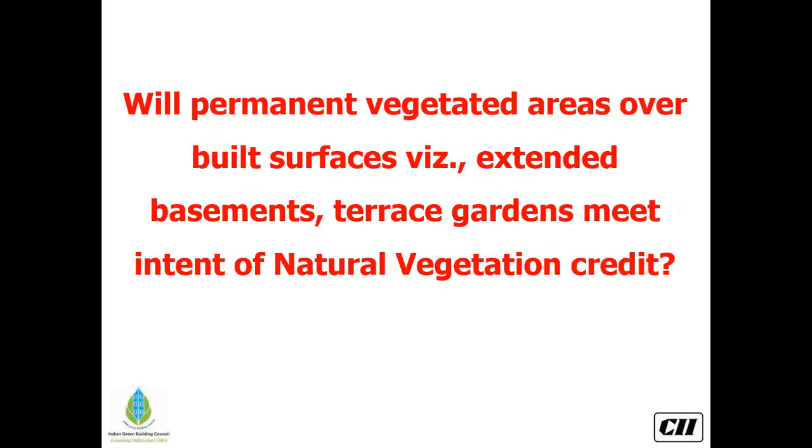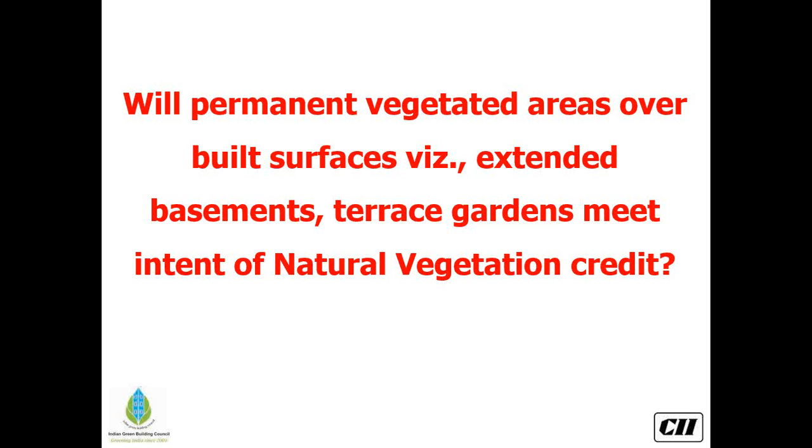The third query that normally we see in our project documents is, will permanent vegetated areas over built structures or built surfaces, namely extended basements, terrace gardens, meet the intent of the natural vegetation credit in the site? Please go back to the intent of this particular credit. That is SSP credit number 2, natural vegetation.